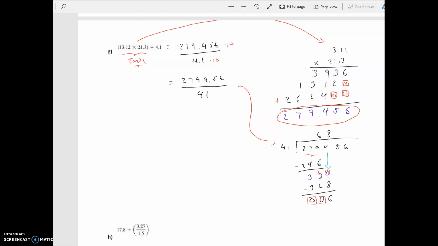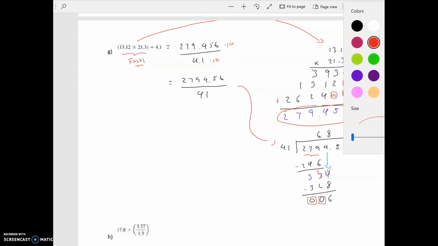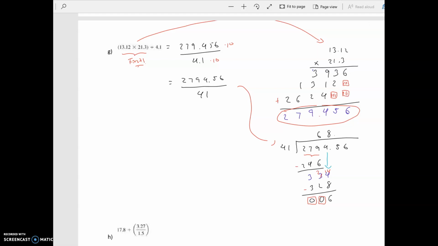Now, at this point, we're going to actually go into the decimals. So I'm just going to add the decimal and drop the next value. Our next value, and let me put an arrow because this one's starting to look messy, is equal to the value of 5. And 41 fits into 65 a total of 1 time.